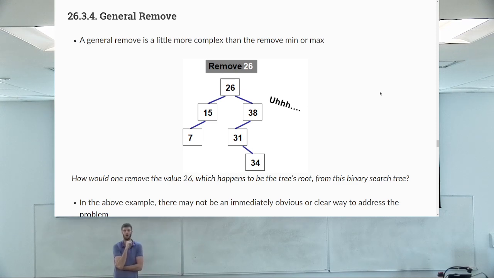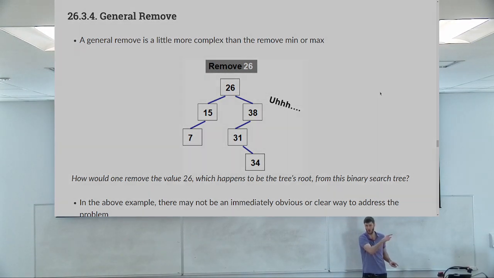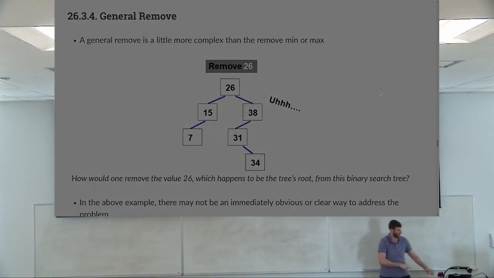So here's why it works. If I go to the furthest left node in the right subtree, I found the smallest node in that subtree. There is no value smaller than it, because if there was, you'd go to the left again. So you go to the right one from the node you want to remove, and then go all the way to the left.